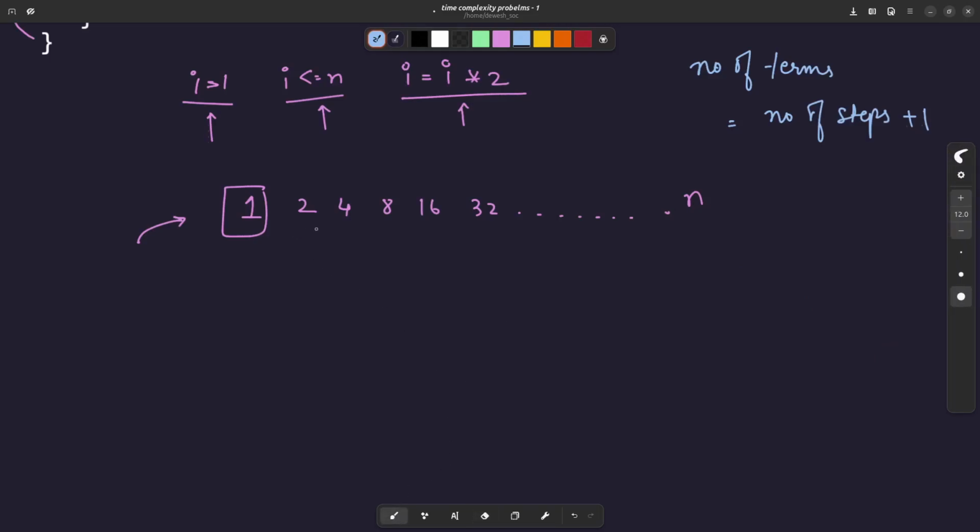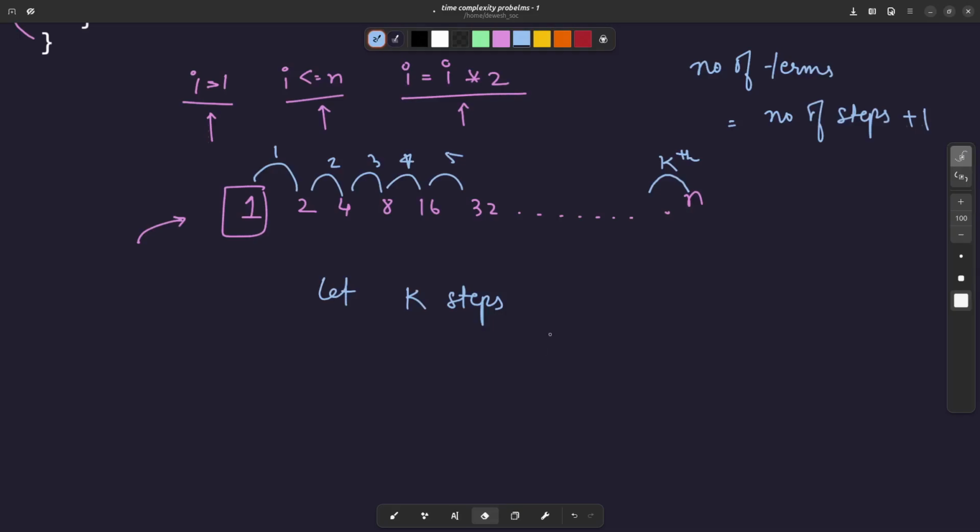So we will make an assumption here. Let's say there are k steps. This is the first step, this is the second step, third step, fourth step, fifth step, and at the end there will be the kth step. If that is the case, then can I say that this value is 2 to the power 0?